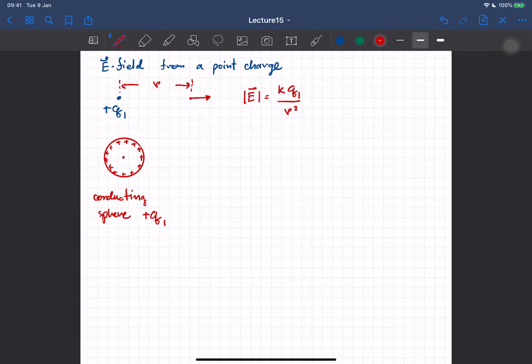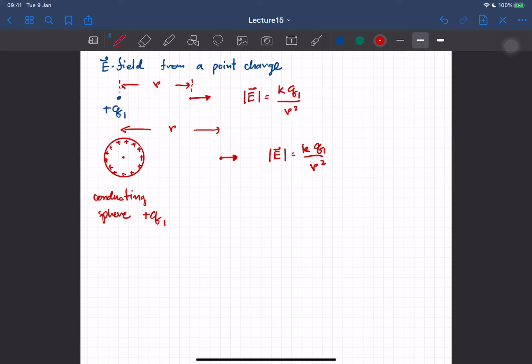Now for this sphere, if you talk about the electric field at a distance r away, measured from the center of the sphere, not the surface, then the electric field will also point out, and will have exactly the same magnitude.